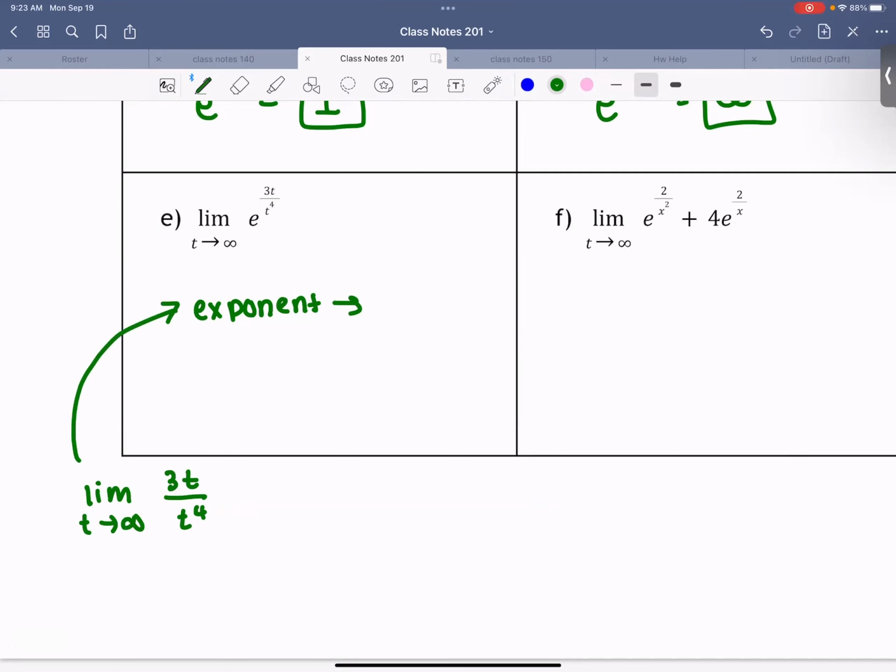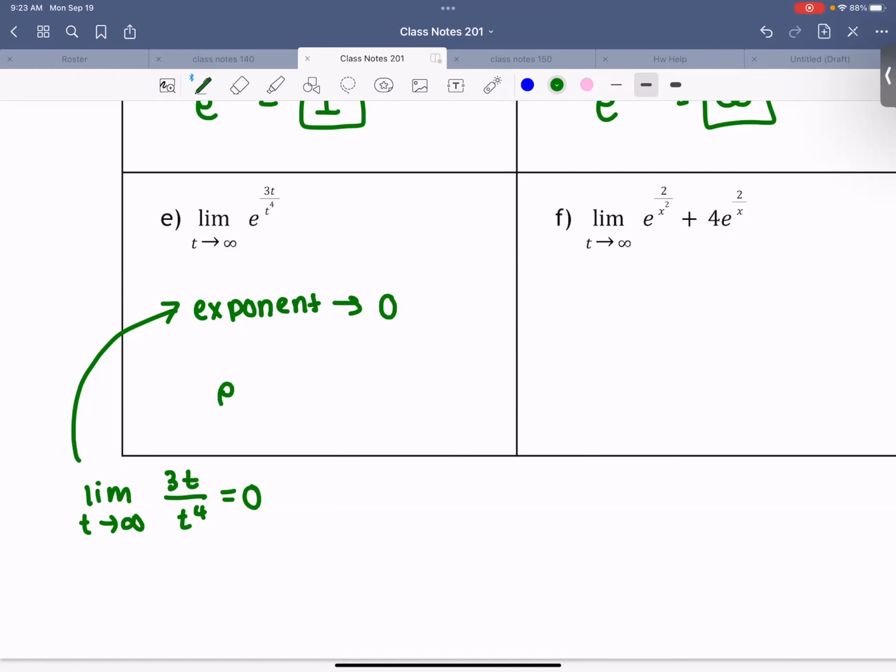What is the limit as t goes to infinity of our fraction here? 0. 0, right? Very similar to our quiz. When the degree of the numerator is smaller than the degree of the denominator, that limit's always going to be 0, right? That's something we did on our quiz. So our exponent is going to 0 as t approaches infinity.